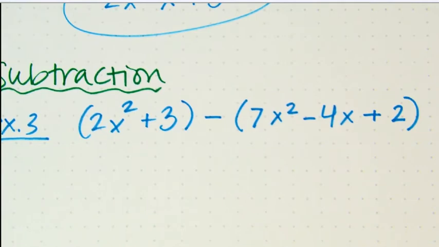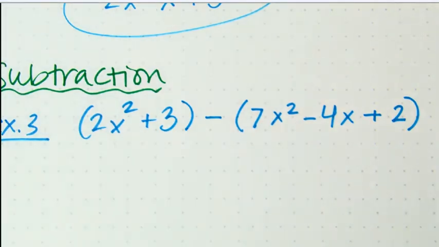So in 7th grade, you guys learned about the additive inverse. Your teacher probably said, add up or keep opposite opposite, change opposite opposite, something like that. Add the opposite. Before you line everything up vertically, we need to deal with that subtraction sign.